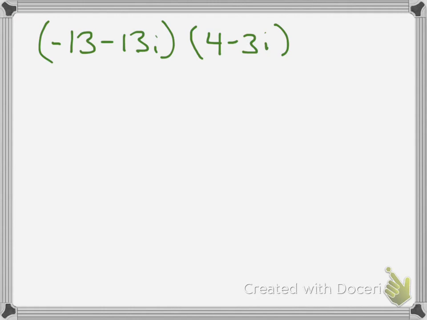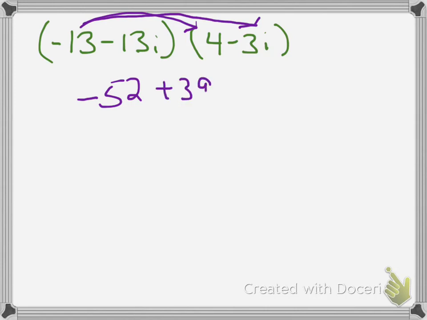Excuse me. So now I went to a new page. We can FOIL again. Negative 13 times 4 is negative 52. And negative 13 times negative 3i, that would be positive 39i.